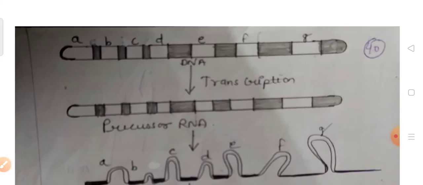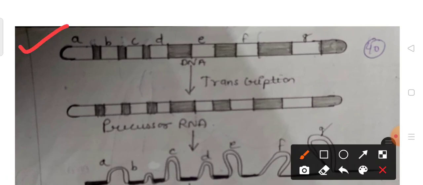So you can see here, this first diagram shows the ovalbumin gene containing 8 exons. A, B, C, D, E, F, G represent the intron regions, and the remaining is the exon region.